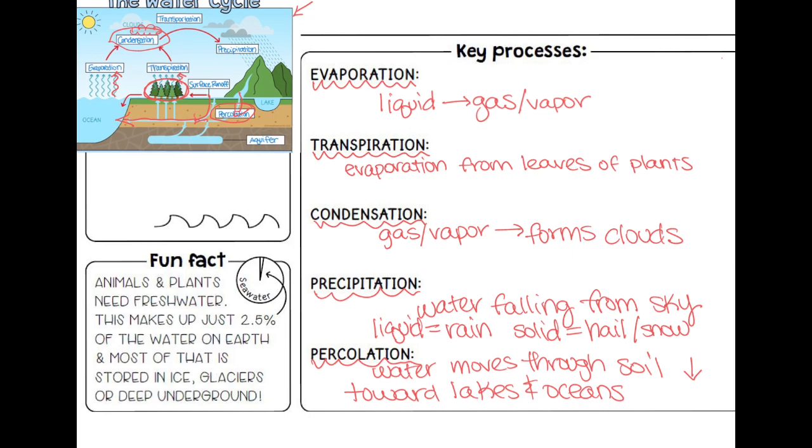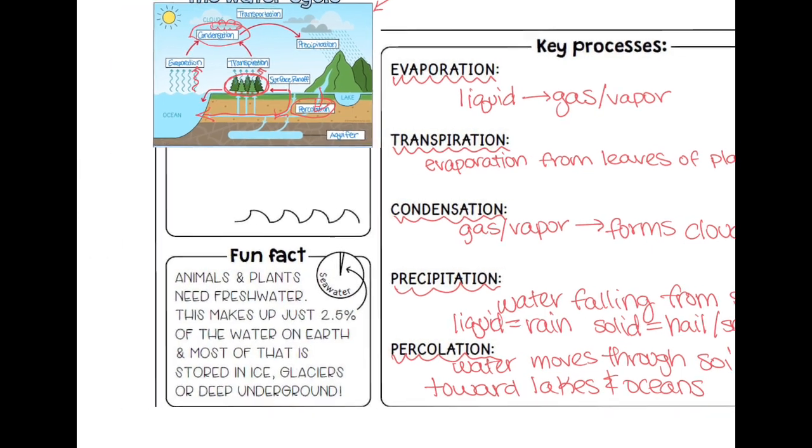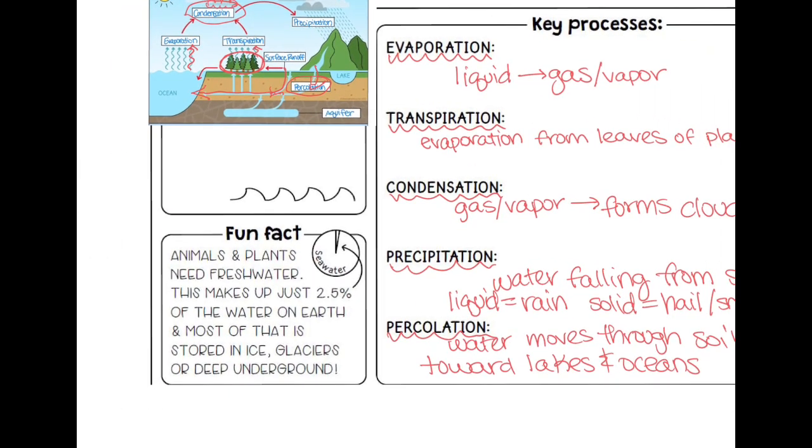Okay, so on here also you have your fun fact about water and how it makes up just 2.5% of our water on Earth, and most of that is actually unusable. It's stored in ice, in glaciers, and deep underground.